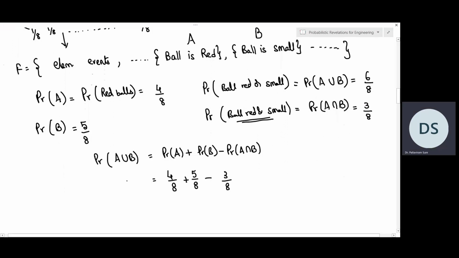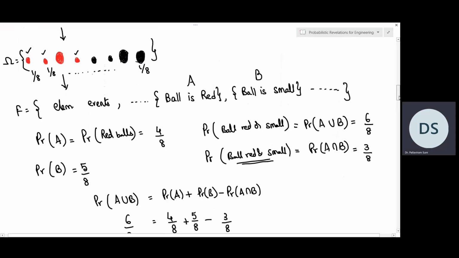Probability of A union B is 6 by 8. So left side it is 6 by 8, right side 4 plus 5 minus 3. So 9 minus 3, again it is 6 by 8. So thus we can verify that this equation is true.